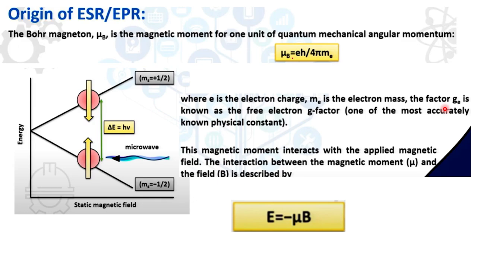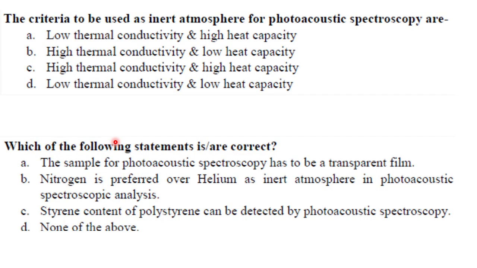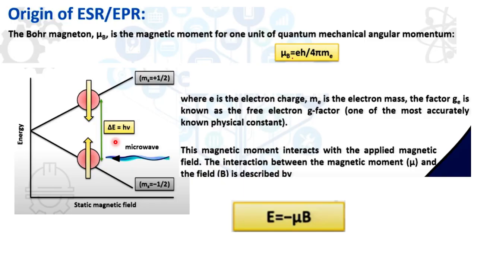Based on that, you should provide radiation, that is equal to h nu. If it is equal to the energy gap between these two, the electron will be excited to the upper energy state. So today that is the origin of the ESR. From next class we will again discuss, we will start from the ESR basically.